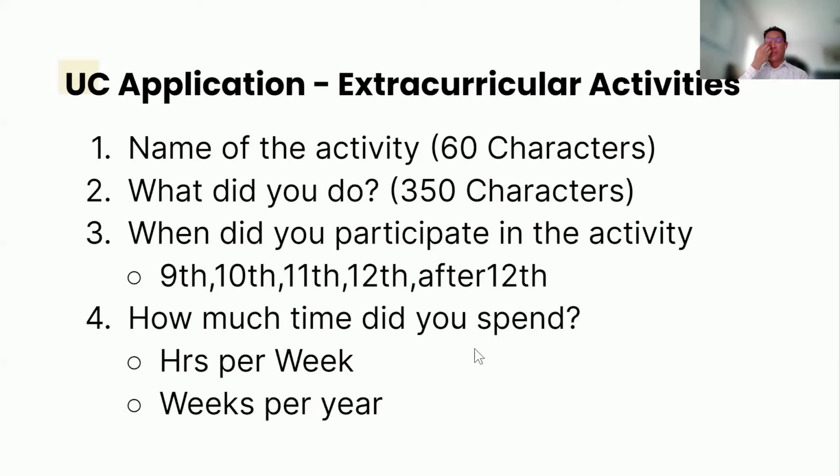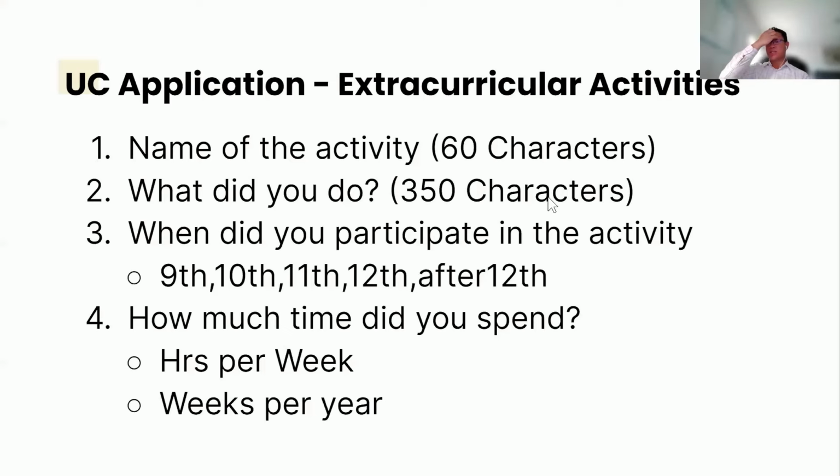Now, just a little bit of logistics here: each one of the sections that you are filling out in the activity section has particular limits. First of all, the name of the activity is limited to 60 characters. What you did is limited to 350 characters.